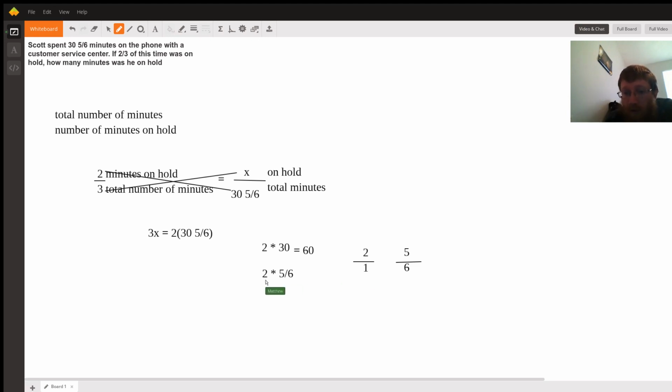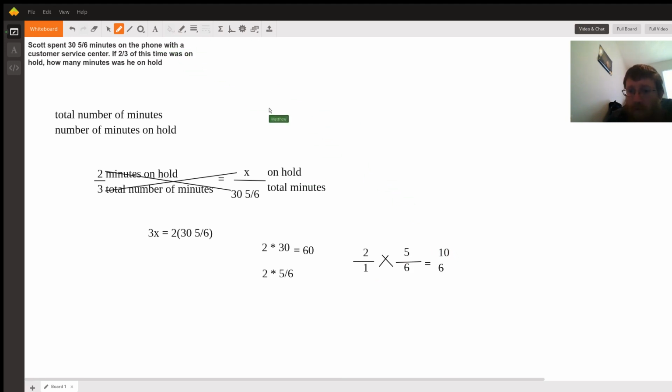So the whole number 2 is just 2 over 1. Then we stick our multiplication sign there, and multiply straight across. 2 over 1 times 5 over 6 is 10 over 6.